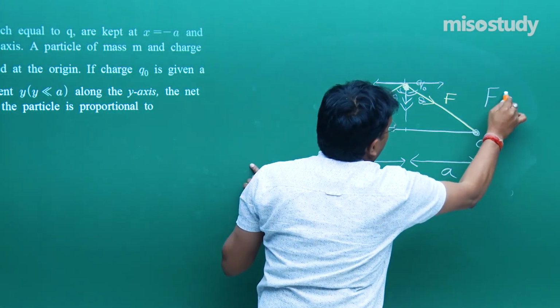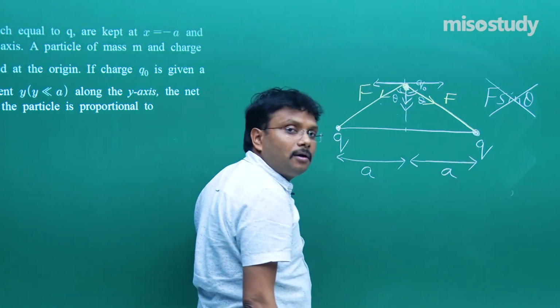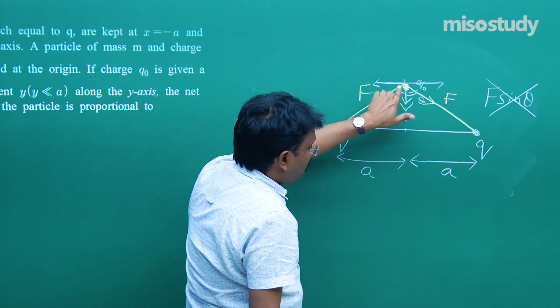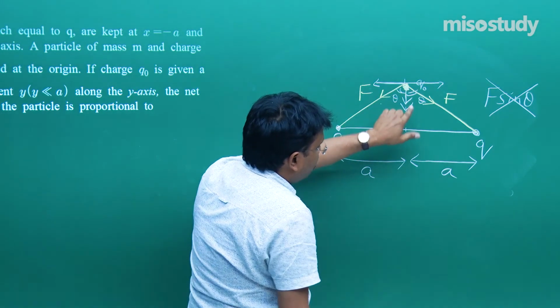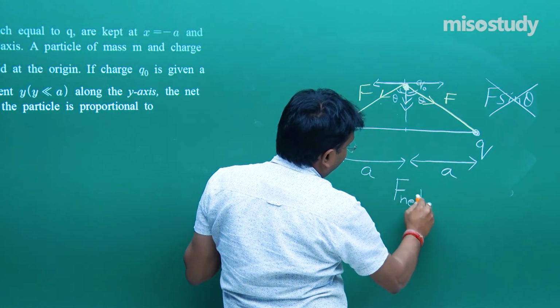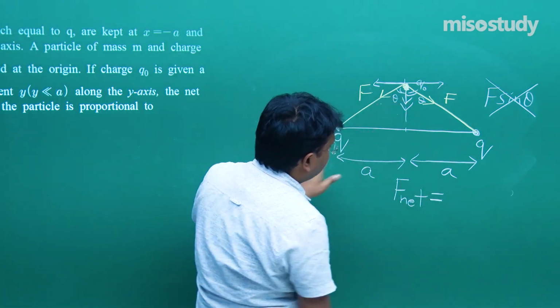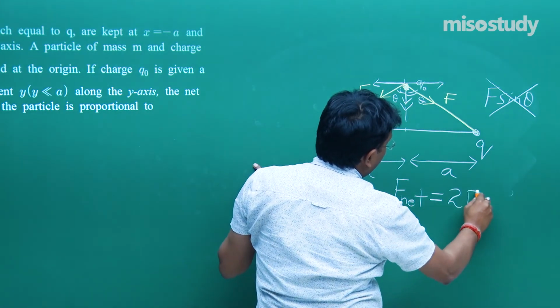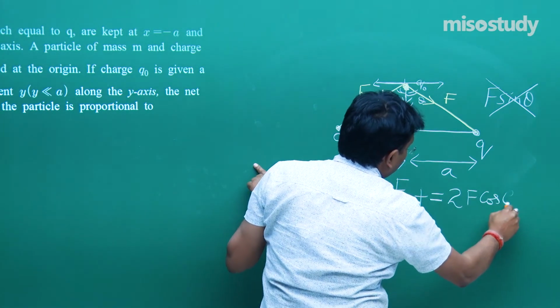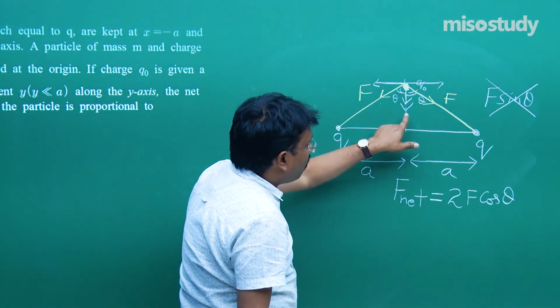Simply say F sine theta is not required, because they will cancel out each other. What is the important component? The important component is F net equal to 2F cos theta.